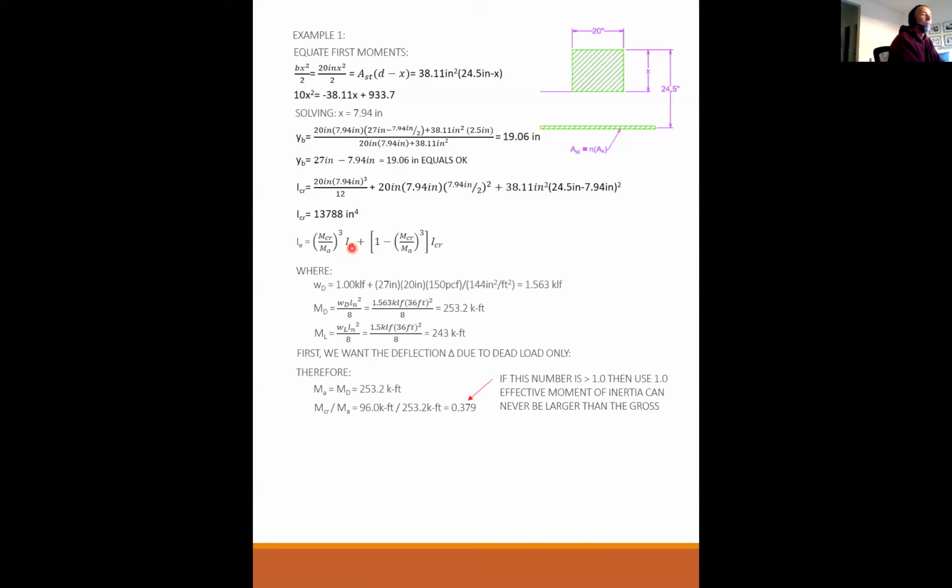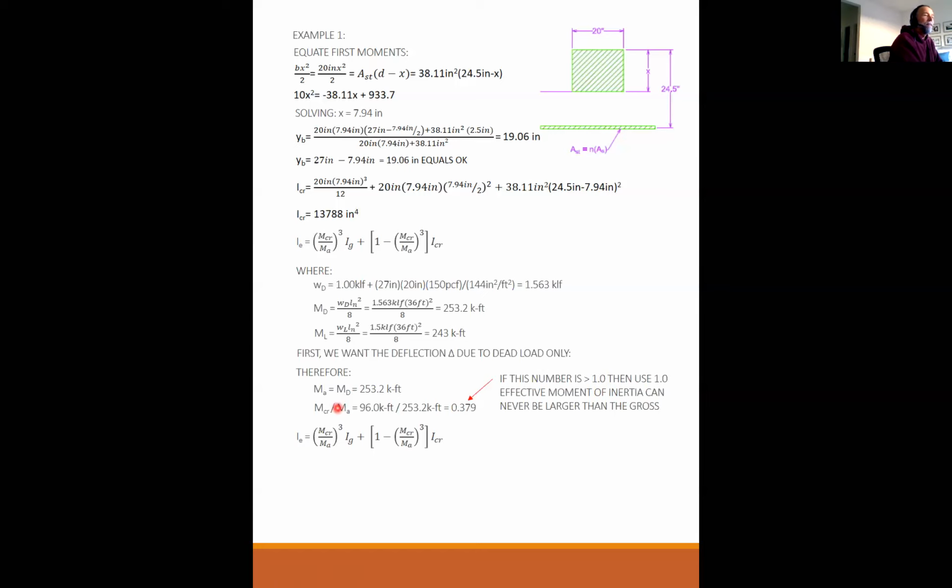So if this number comes out bigger than 1, just use the gross moment of inertia. You can never get an effective moment of inertia bigger than the gross moment of inertia. Does that make sense to everybody? Anybody still there? Yeah. Thank you. Okay, yes, it makes sense.